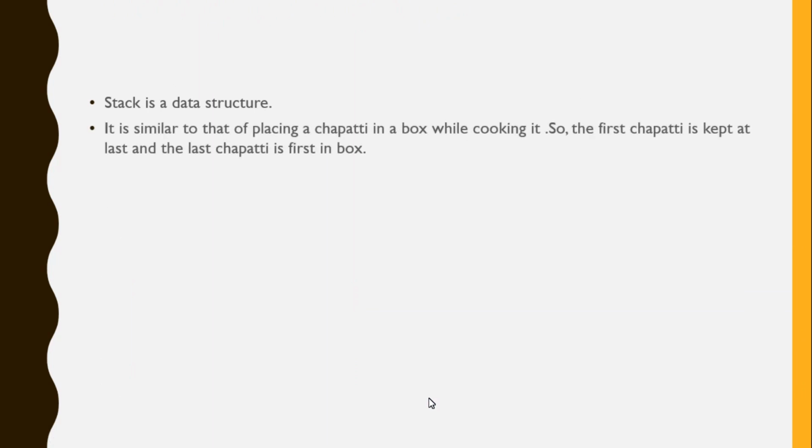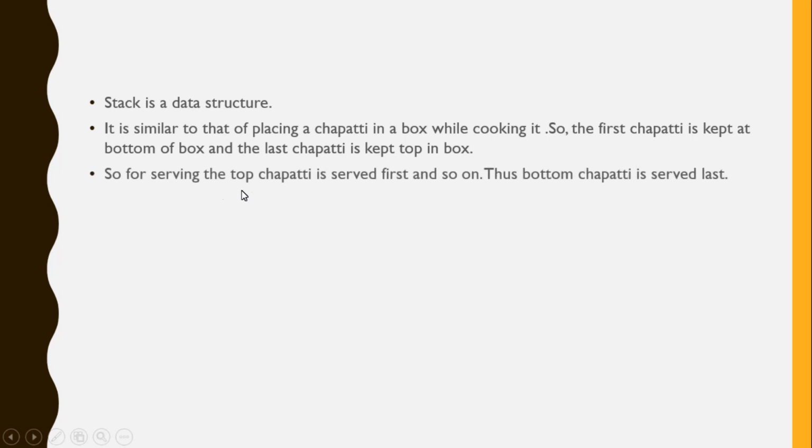It is similar to placing chapatis in a box while cooking. The first chapati is kept at the bottom of the box and the last chapati is kept on top. For serving, the top chapati is served first and so on. Thus the bottom chapati is served last. The same thing takes place in data here. The last data is processed first.